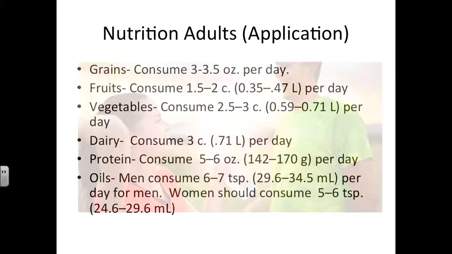Vegetables, consume 0.59 to 0.71 liters per day. Dairy, consume 0.71 liters per day. Protein, consume 5 to 6 ounces per day. And oils, men consume about 6 to 7 teaspoons, where women should consume 5 to 6 teaspoons per day.